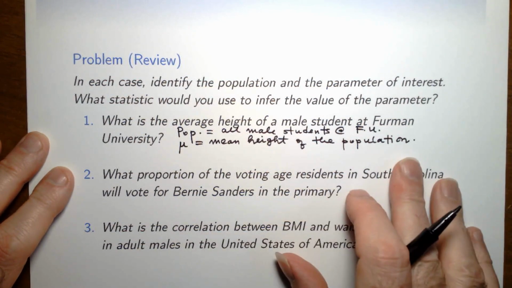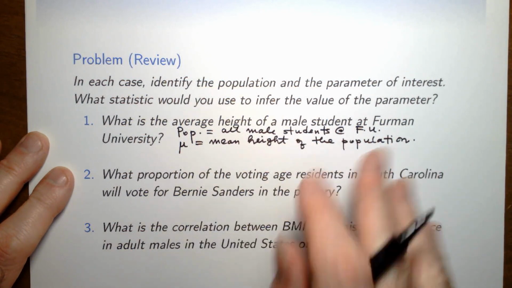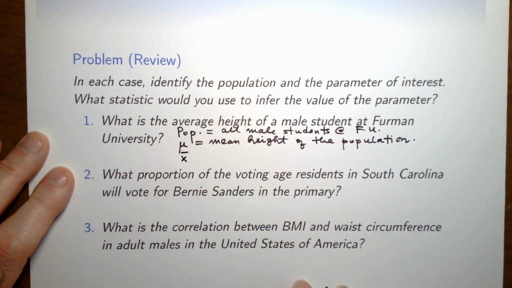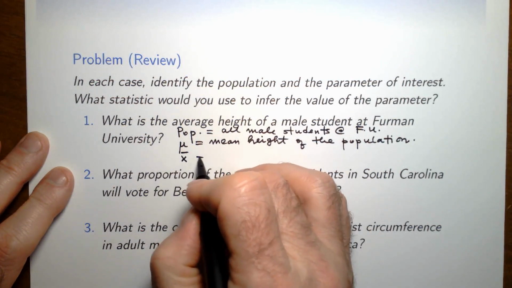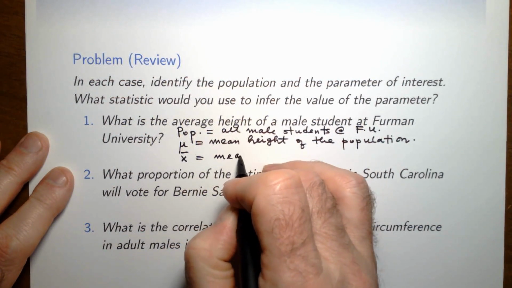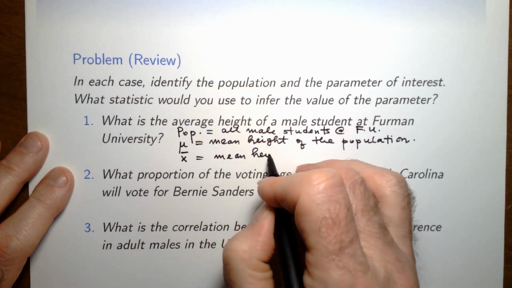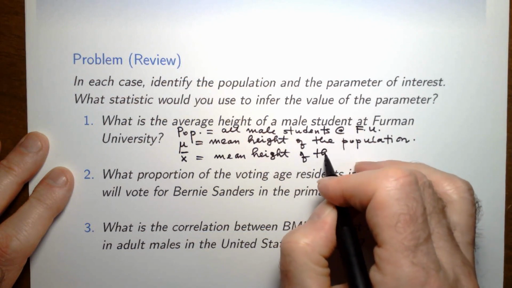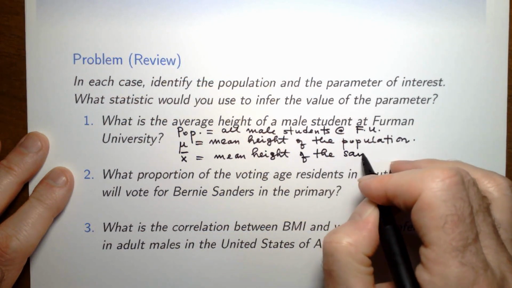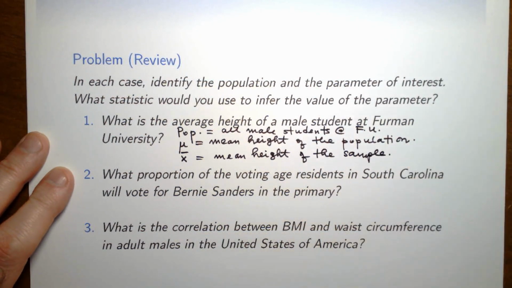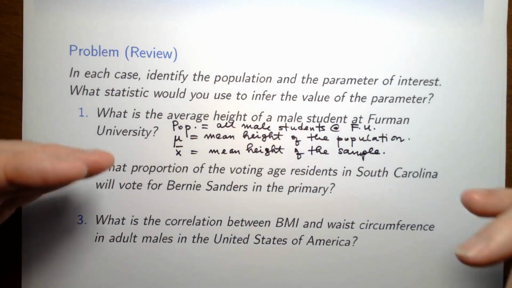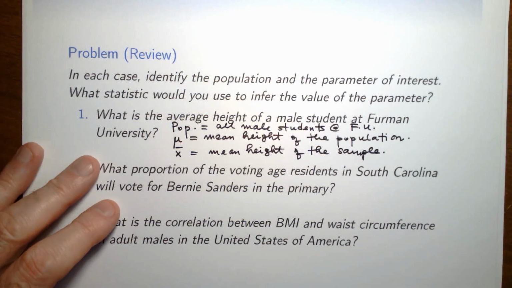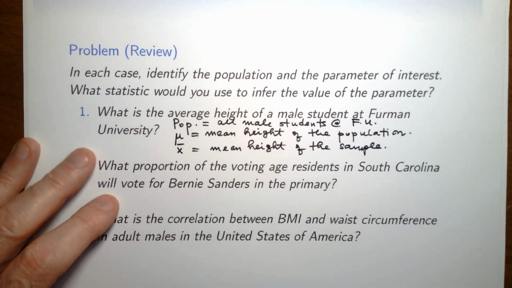What statistic would we use to estimate this? Well, we'd pull a sample out of that population, and we would calculate X bar, which is the mean height of the sample. Okay? So we've got a population of male students at Furman. Mu is the mean height of that population, and X bar is the mean height of the corresponding sample.